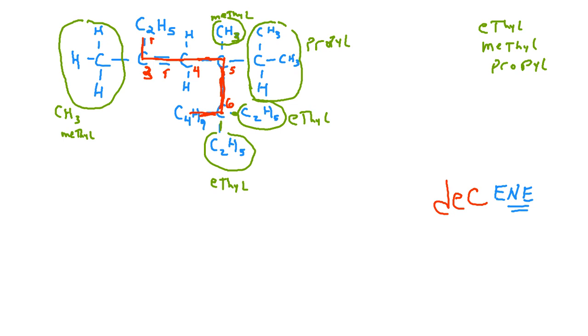So we have a 6,6-diethyl. 6, 6, because there's 2 of them, diethyl. Remember, the double bond makes us count from top to bottom. Okay, now comes the methyl. Well, where's the methyl? There's a methyl on carbon 3. Okay, there's a methyl. And there's a methyl on carbon 5. And it looks like a 3,5-dimethyl.